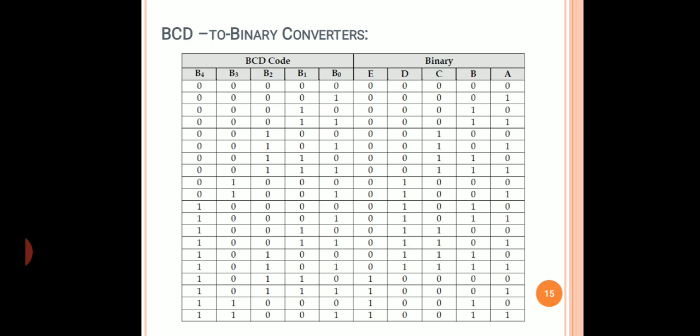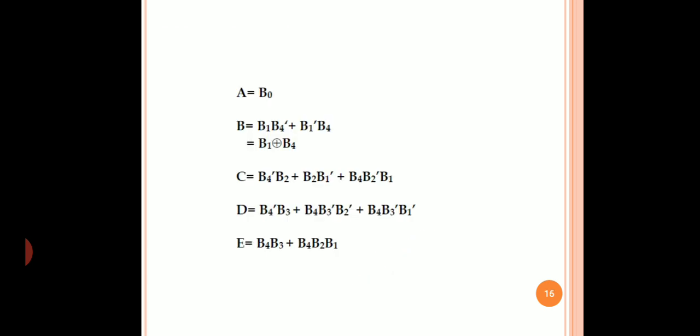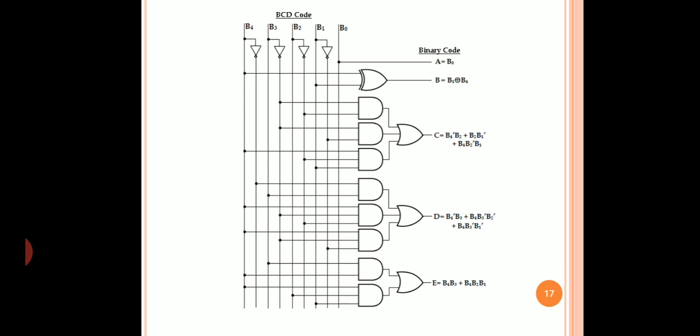That's why you will observe the last BCD code is having B4 as 1 and B3 to B0 as 0 to 19 we have to do. So the last row is 19 in case of BCD, and in binary their equivalent is written. You will observe there are 5 bits required, and we know how to solve the 5 variable K-map, which we have solved in the previous lecture, and this is how you can solve and you will get the output.